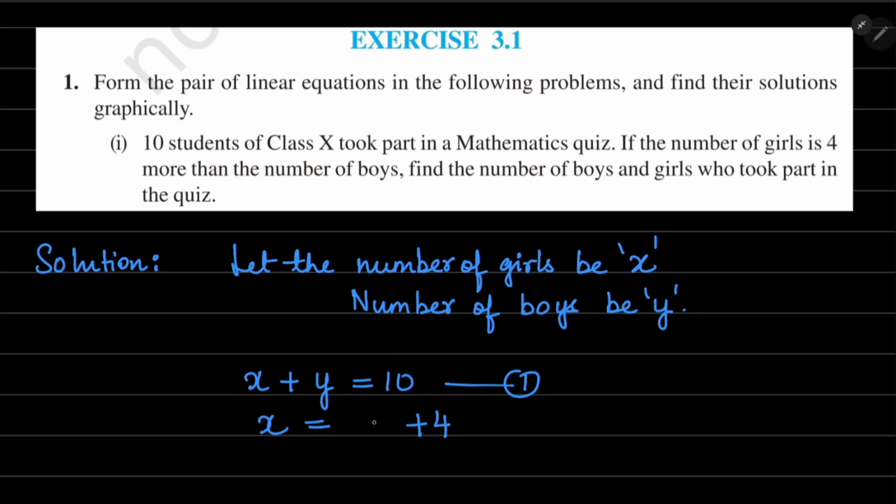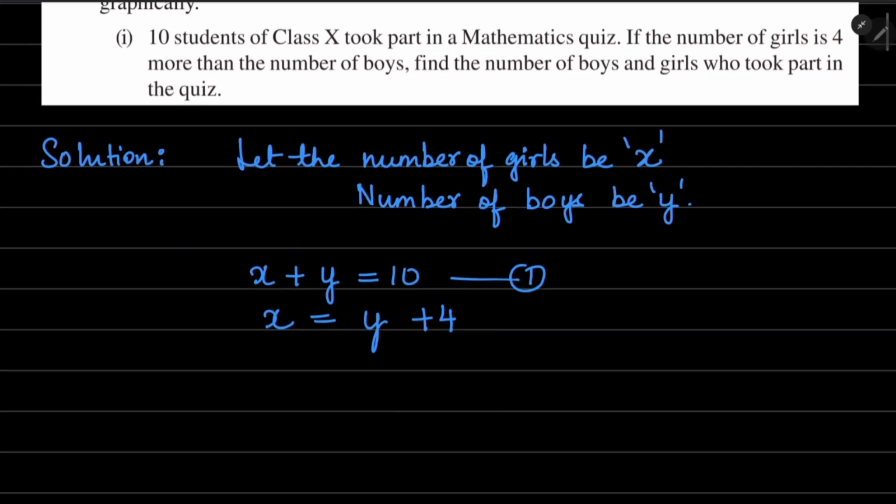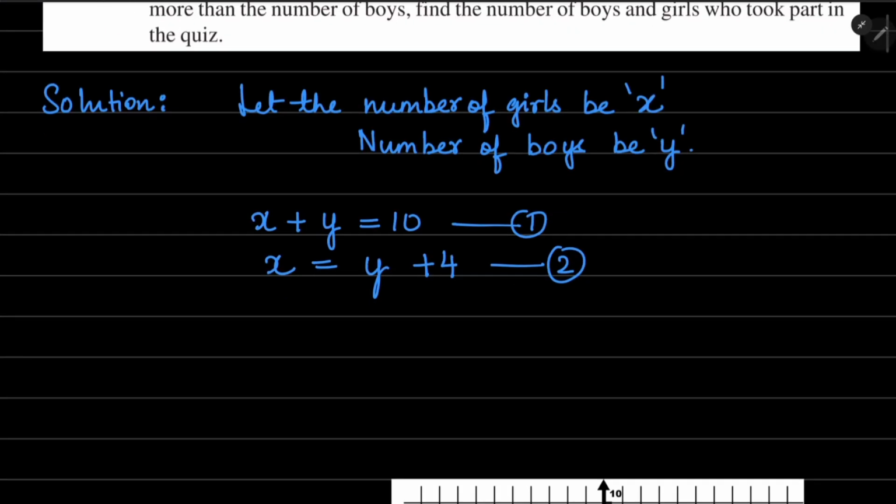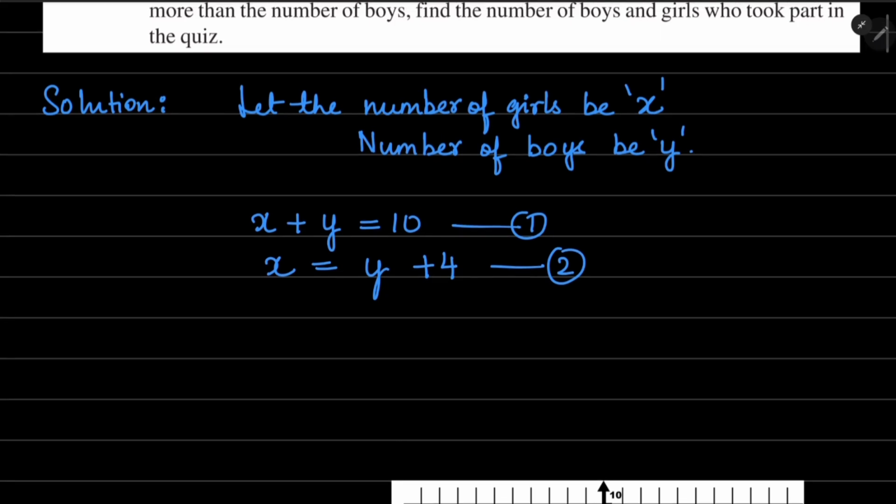As y. So x is nothing but y plus 4, right? The number of girls x is equal to 4 more than the number of boys y. So this is how you form a linear equation. Let this be your second equation. Now you have to solve it graphically.